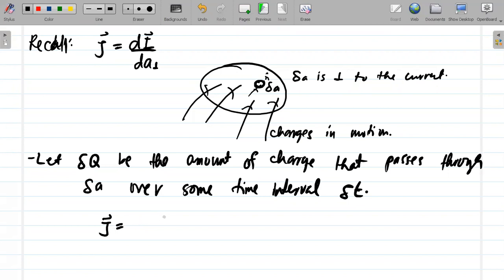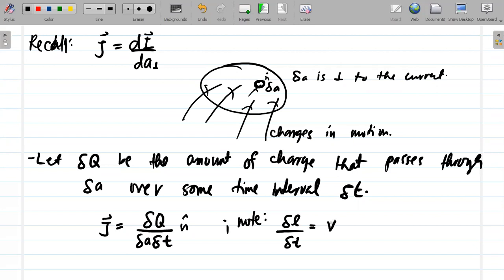So, class, ang J natin, that is the current, di ba? Delta Q over delta T. So, the current over the area, delta A. Ano ang direction niya? n hat. Suppose ganyan, arbitrary lang na direction ng particles natin. Now class, we note that delta L over delta T, that is, ano to?